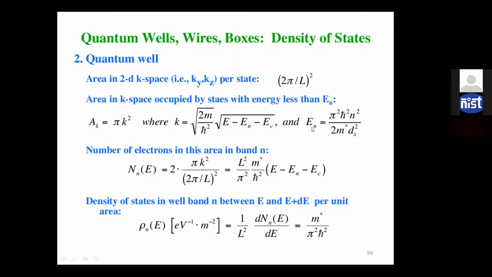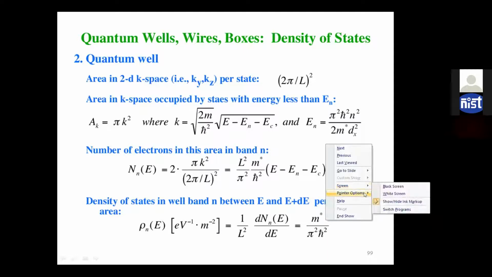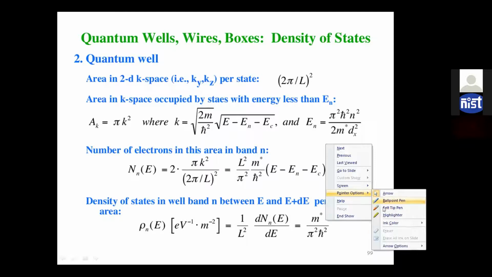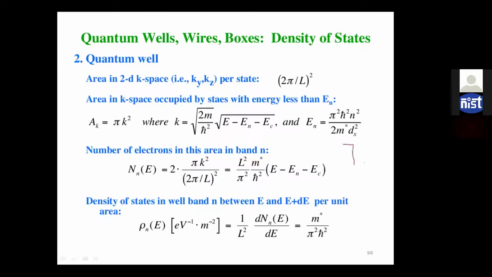The energy in the quantum well, which is discretized, can be obtained as pi squared h cross squared n squared by 2m star d_x squared. It depends upon the thickness of the well, d.